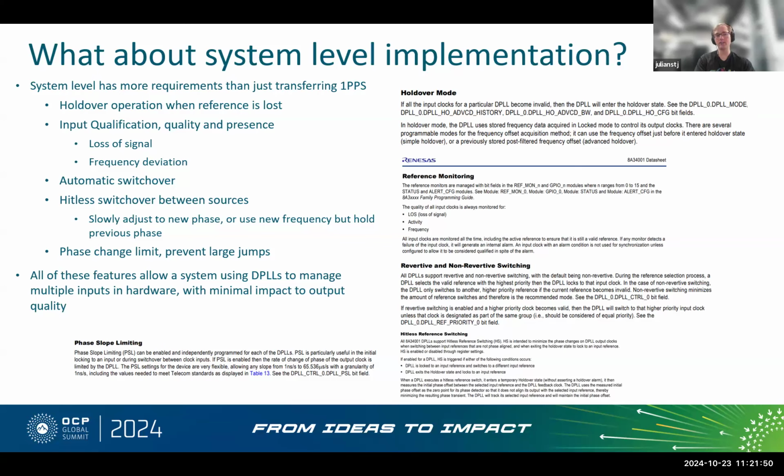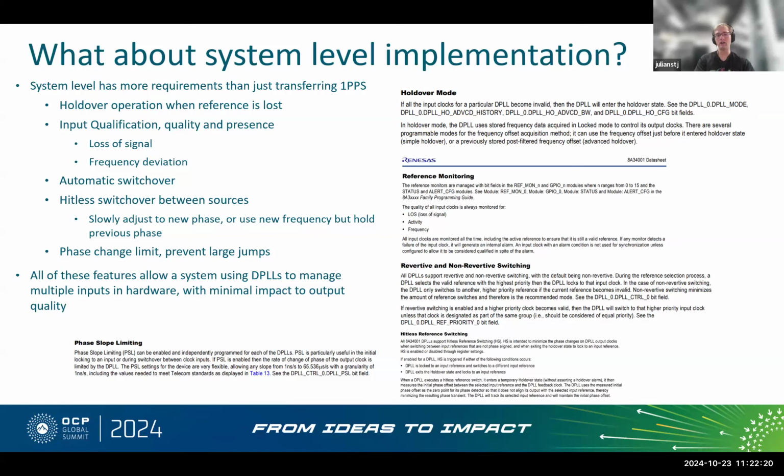The other feature that I think is special with DPLLs is the hitless switchover. I'm not sure how White Rabbit does it, honestly, so I won't speak on that, but at least this capability in DPLLs lets it slowly adjust to a new input. So if it was tracking, say, one atomic clock, that atomic clock dies, and you have another input that it's switching to, it can slowly discipline to that, or it can keep the output stable and then just have the frequency input feed the output.